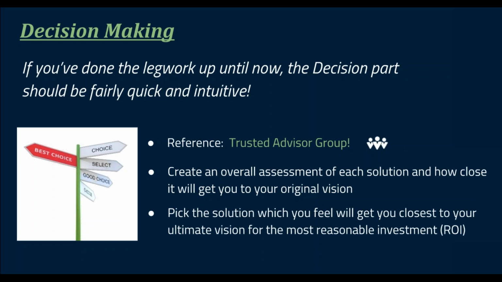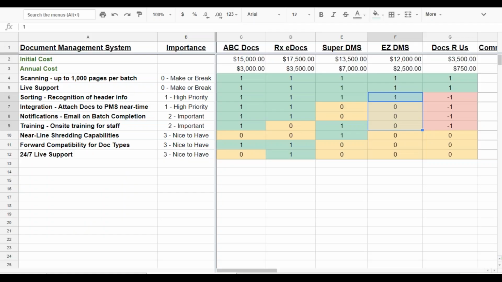You want to combine how close it's going to get to your original vision with the most reasonable investment itself. That's your ROI. So again, you can't ignore the cost, and that's why I've got the cost in here, and you can put in other costs as well. This is a very simple comparison matrix, and you probably will have a whole separate evaluation sheet for looking at ROI.